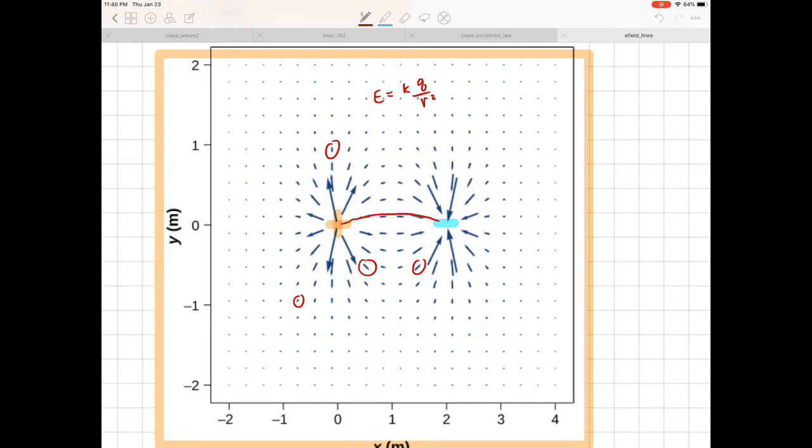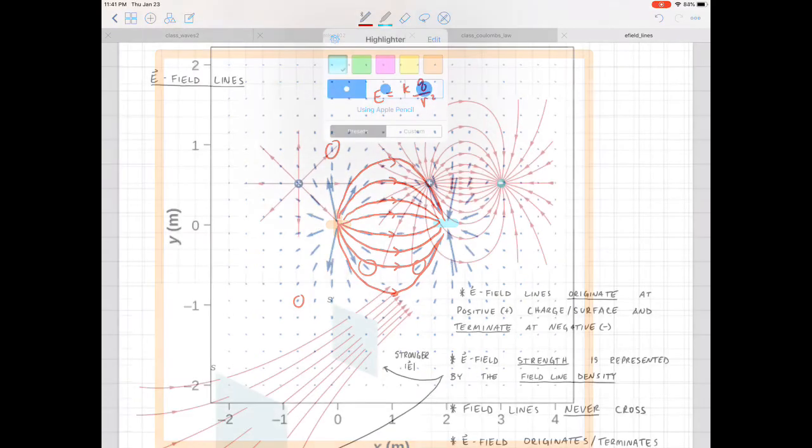So if you draw lines that start at the positive charge or surface and terminate at the negative charge or surface, then you can begin to sketch out what are known as electric field lines. And this is an alternative way to visualize or represent the electric field produced by source charges.